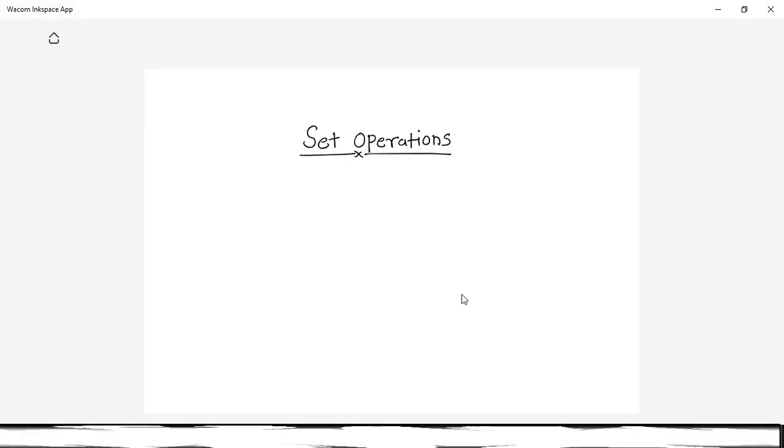In this video we will see set operations. Before going to set operations, let us see the definition of a set. A set is a collection of distinct elements.